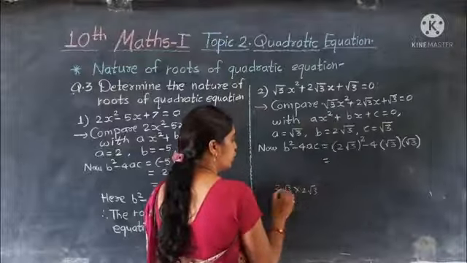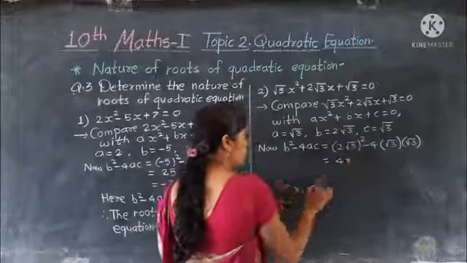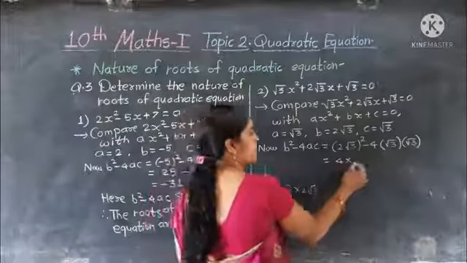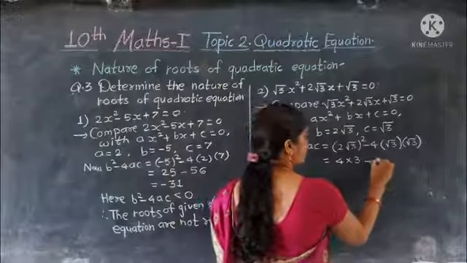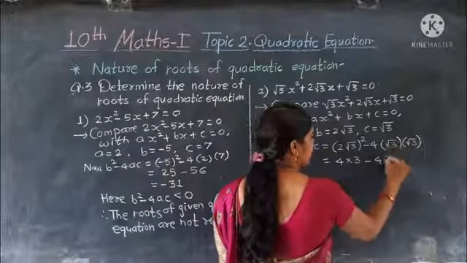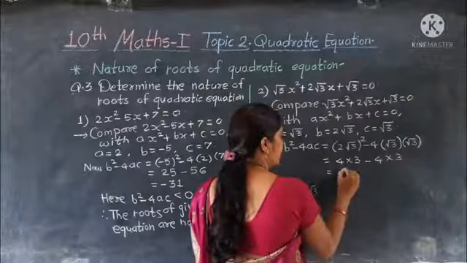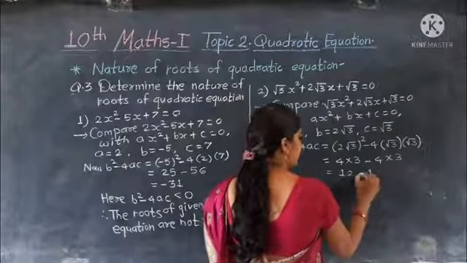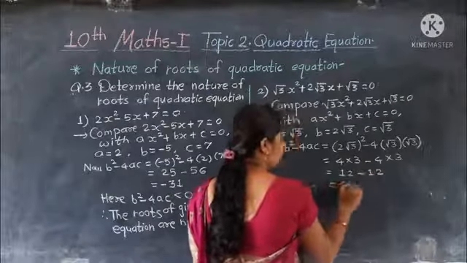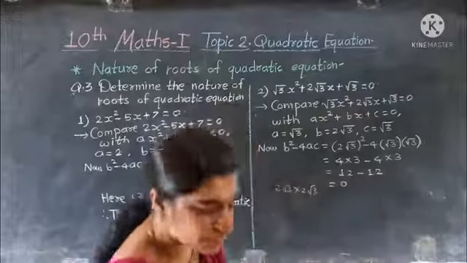You calculate 2 2s are 4 into root 3 into root 3, root 9 means 3, minus 4 into 3 3s are 9, that is 12 minus 12 is equal to 0.